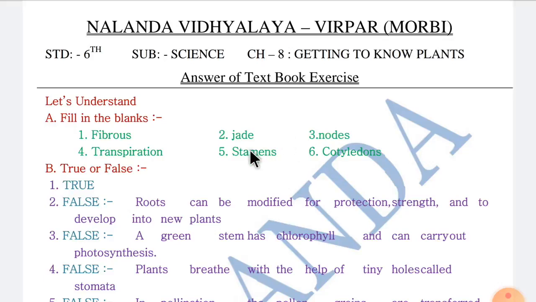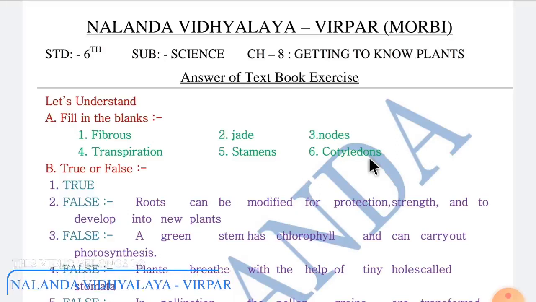Stamens are the male reproductive part of a flower. The next is dash contain food for the baby plant. The correct answer is cotyledons. Cotyledons contain food for the baby plants.